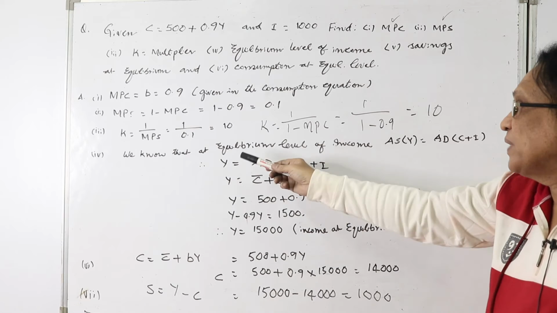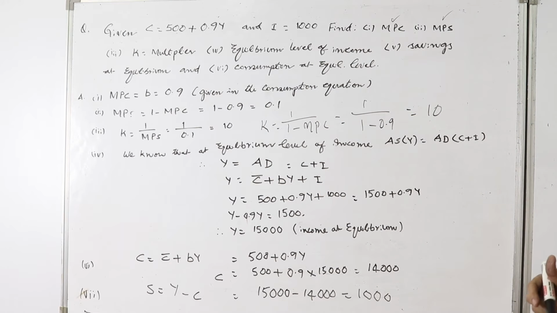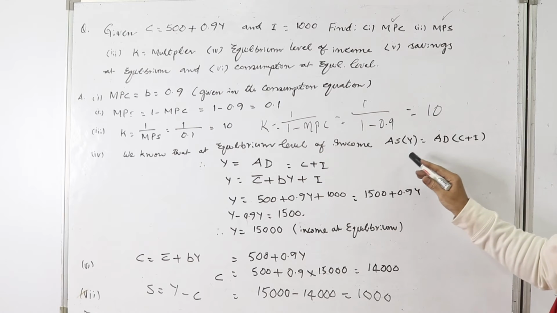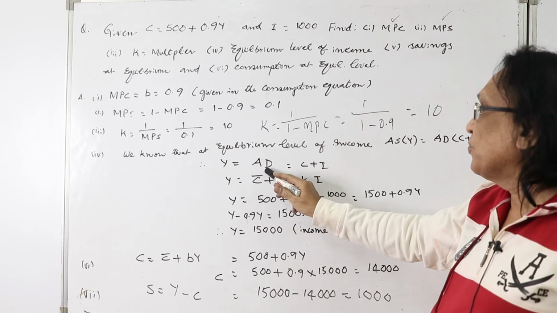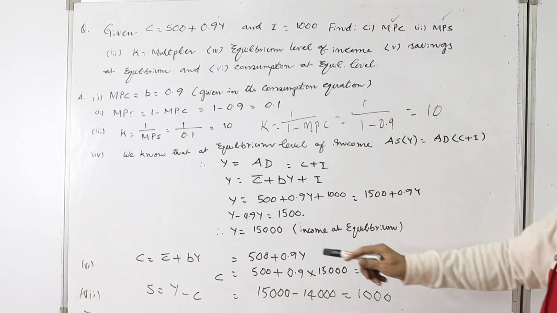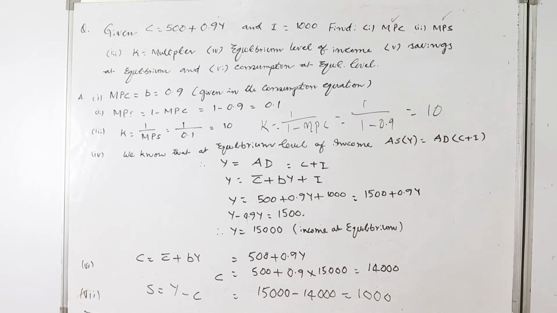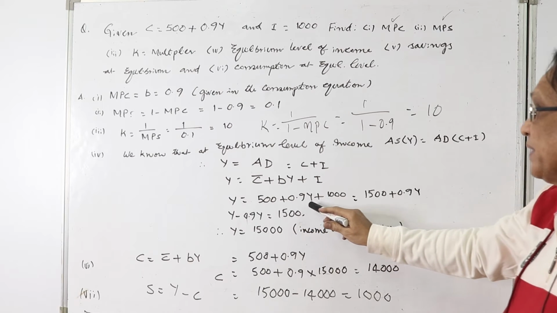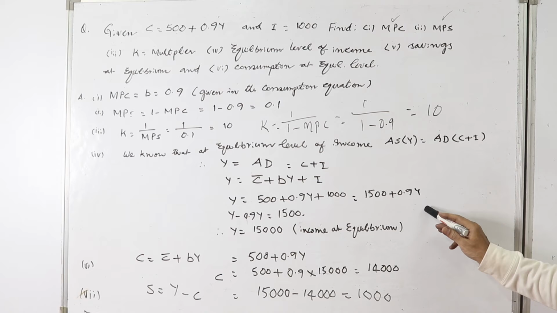So then we know that, now we are finding out the fourth value here, equilibrium level of income. At equilibrium level of income, aggregate supply, which is nothing but national income, is equal to AD, C plus I. Y is equal to C plus I. We are putting in the equation C bar plus BY plus I, Y is equal to, we just picked up the values from here, 500 plus 0.9Y plus 1000, that comes out to be 1500 plus 0.9Y.